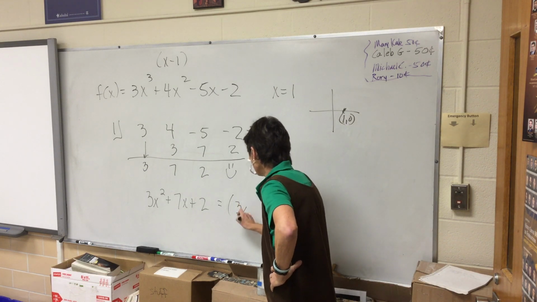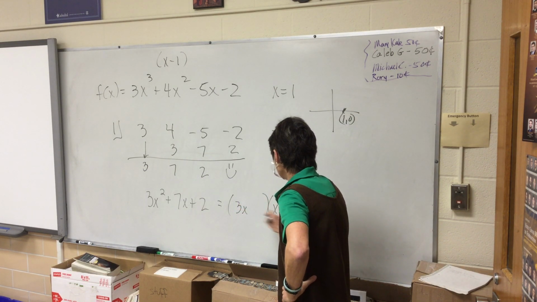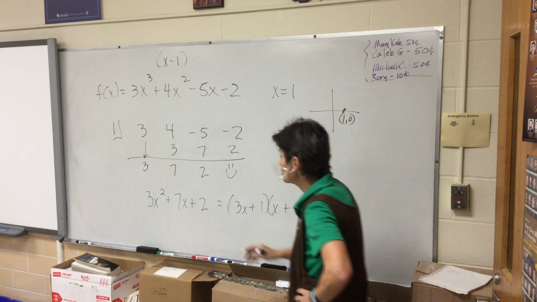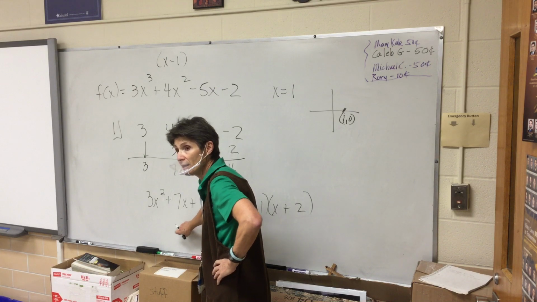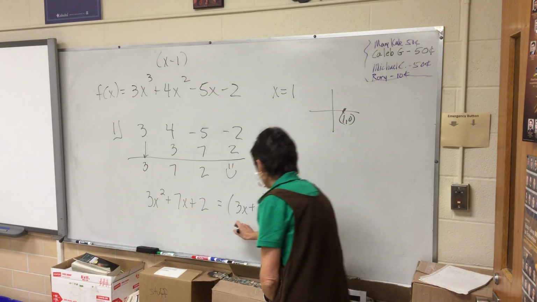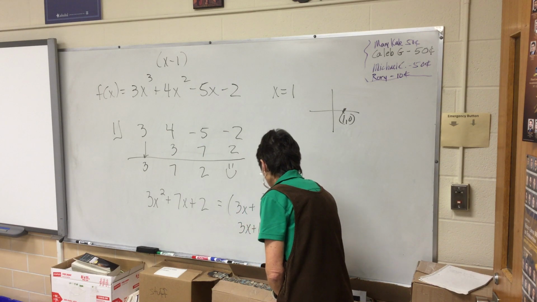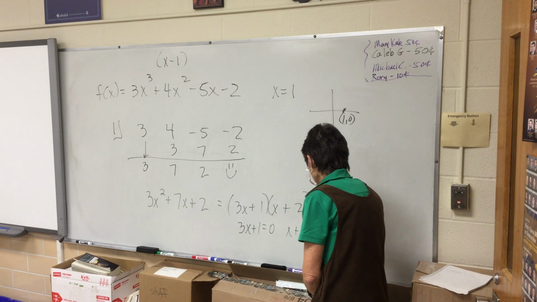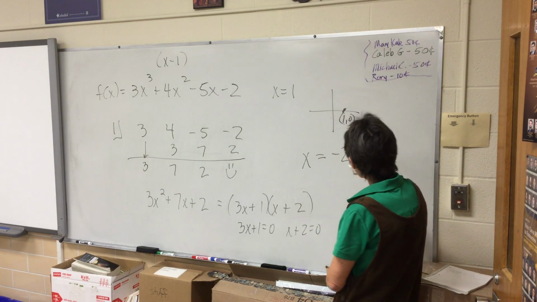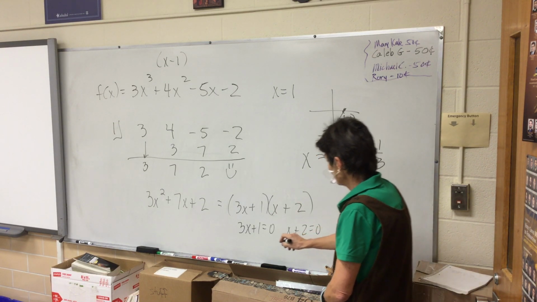This does factor, but some of you aren't very good at factoring, so you can use the quadratic formula, and it's going to give you the other two answers, which are -2 and -1/3.